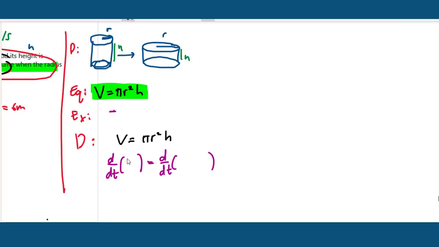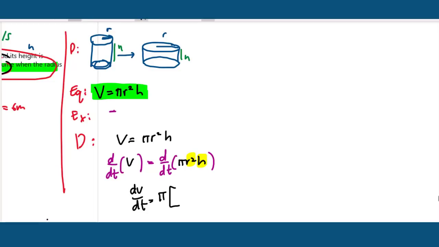So we get dV/dt. Then for this part we use the product rule. Pi is a constant, so next just concentrate on r squared h.